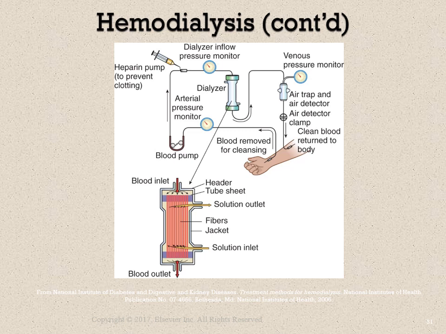So we're going to remove the blood, clean it, filter it, and then put it back in the body. The picture on the bottom is just taking a look at that artificial kidney in closer detail. Not things for you to memorize. I just want you to see that the bad blood's going to come out, it's going to be cleaned with that artificial kidney, and then it's going to be put back into the body. And that's what hemodialysis does.